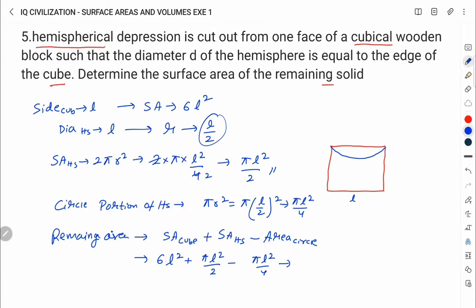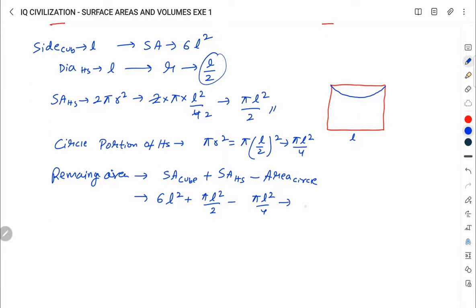Okay, so here by taking LCM and all, L square by 4 is common. Just for your understanding purpose, I will write each and every step, don't worry. So here L square is common in everything, very nice. So 6 plus pi by 2 minus pi by 4. For 2 and 4, the LCM is 4. So L square into LCM 4.